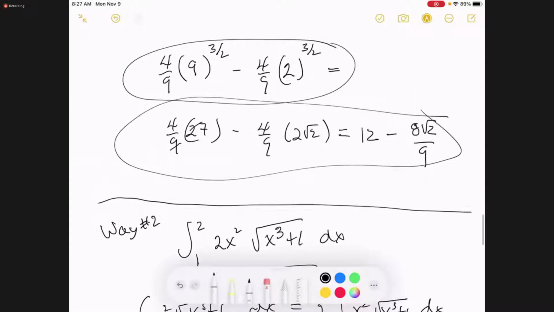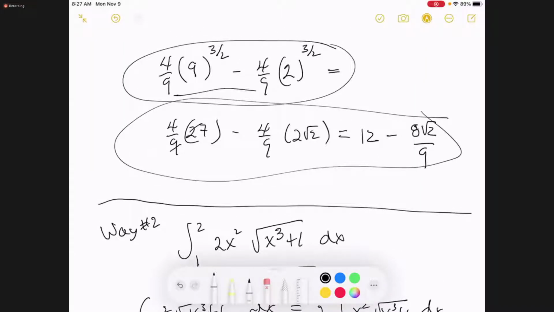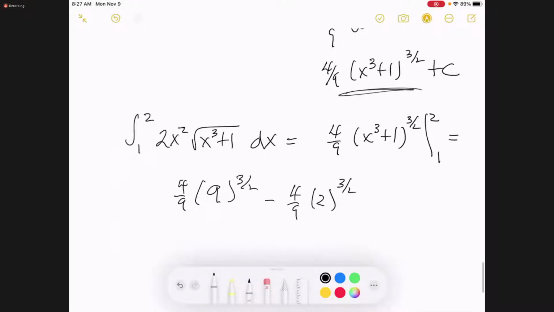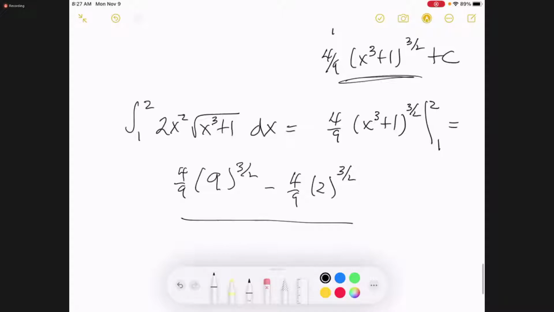Same answer, and if they're both correct, they should be the same. Any questions? No, ma'am. Okay, good.